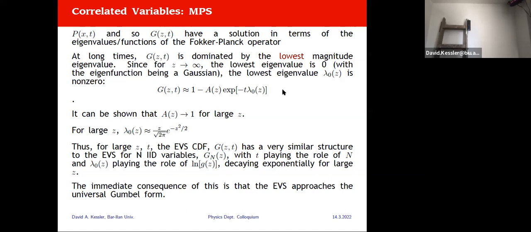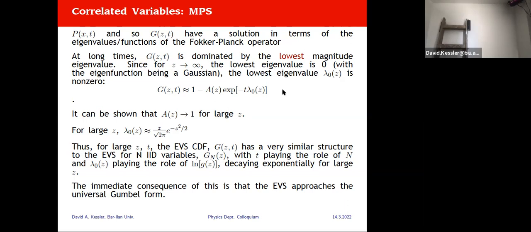Now, when I put in a wall, the lowest eigenvalue of the harmonic oscillator with a wall raises the energy slightly, so it's slightly different than 0. It's exponentially different than 0. The lowest eigenvalue is non-zero, and therefore at long times G is 1 minus A of z, e to the minus t lambda naught of z, where lambda naught of z goes to 0 as z goes to infinity.